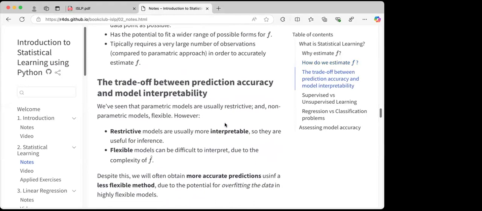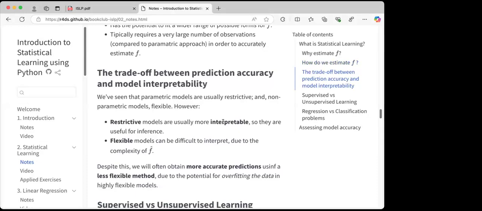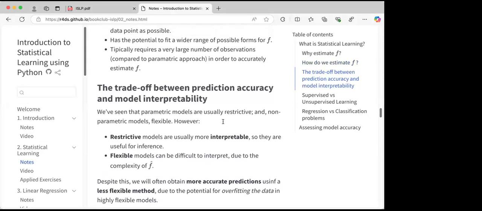Next, it talks about the trade-off between prediction accuracy and model interpretability. We have seen that parametric models are usually restrictive, and non-parametric models are flexible.